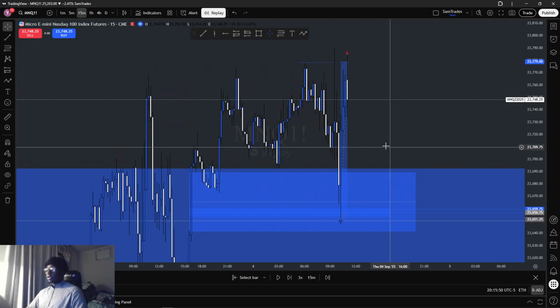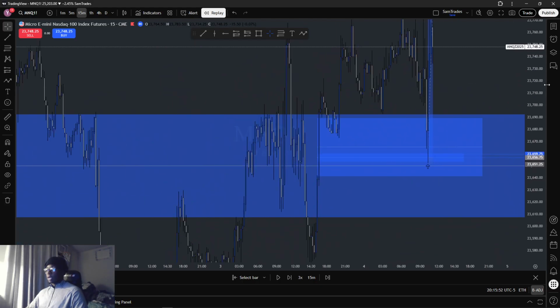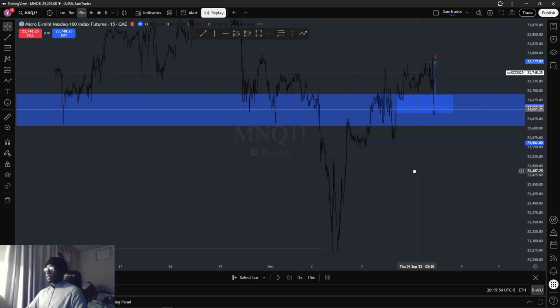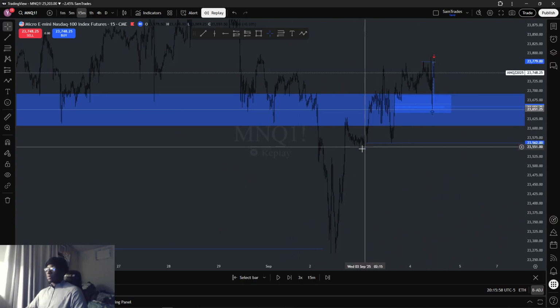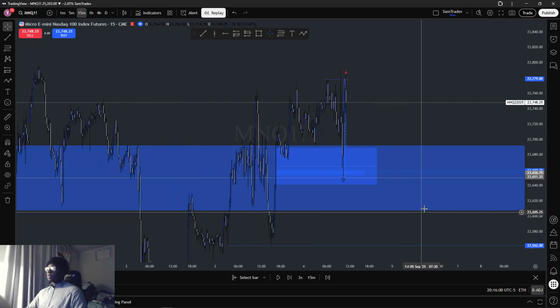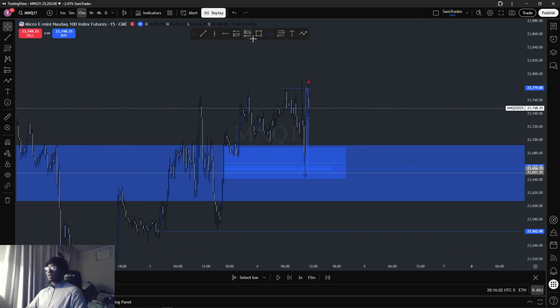So if I wanted to trade retracement, I want price to keep this bullish order flow. I don't want it to go beneath the 50 percentile. So I use my fib tool.